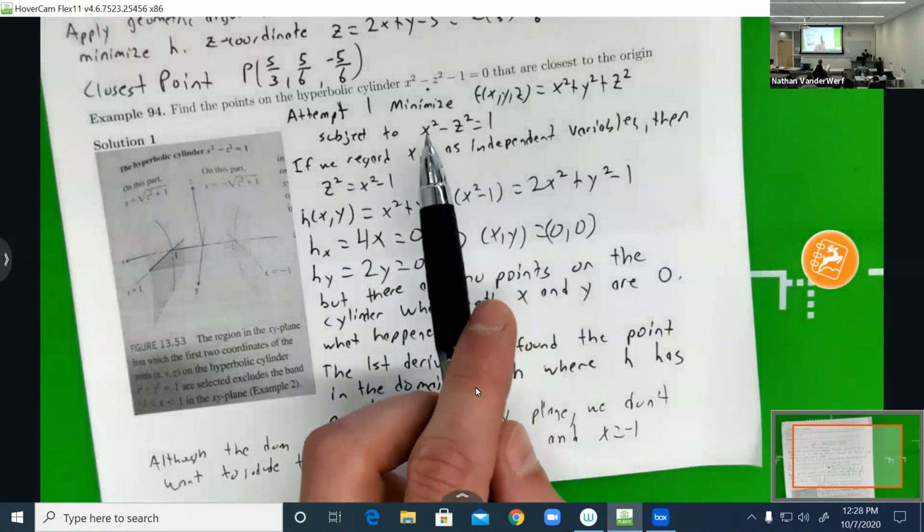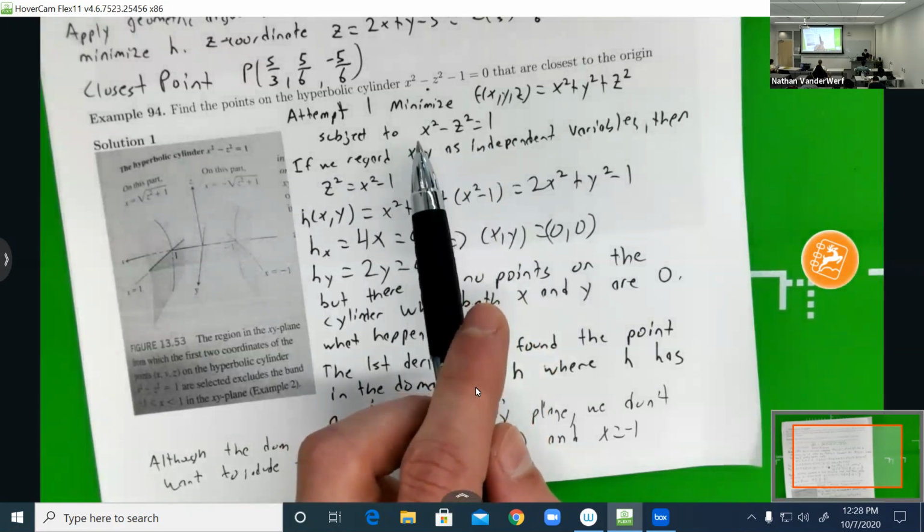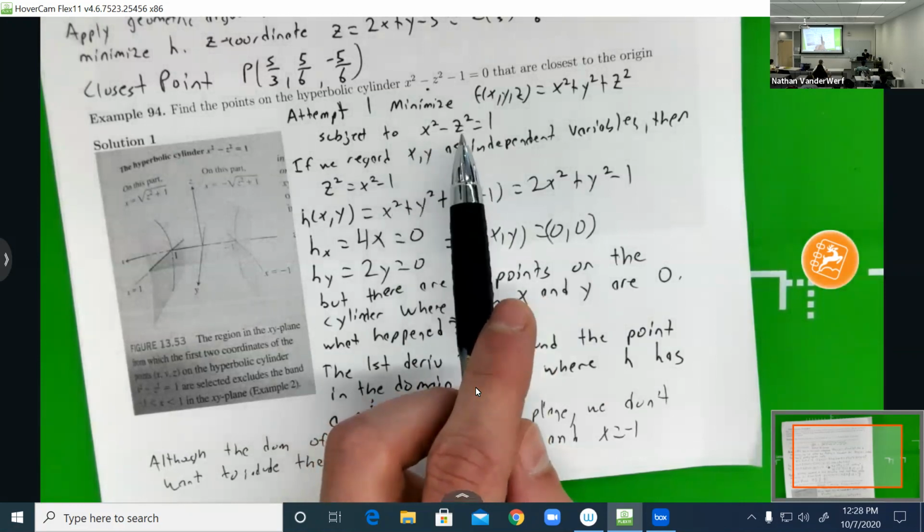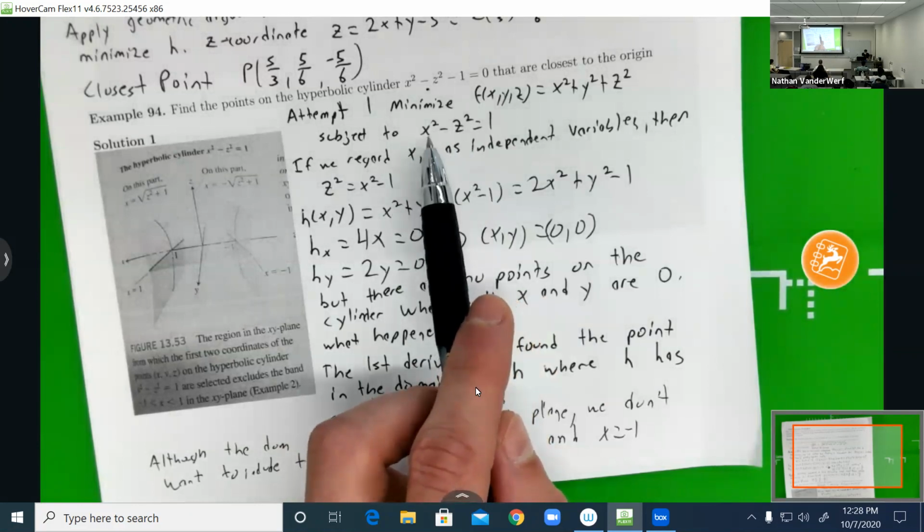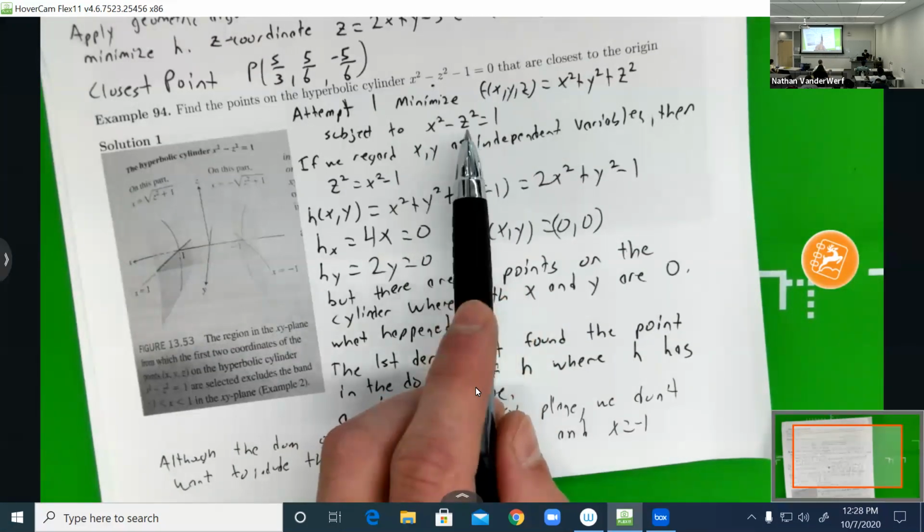But we can't do the same for x. We can't make x 1/2 and then expect to find a z to make this equal to 1.